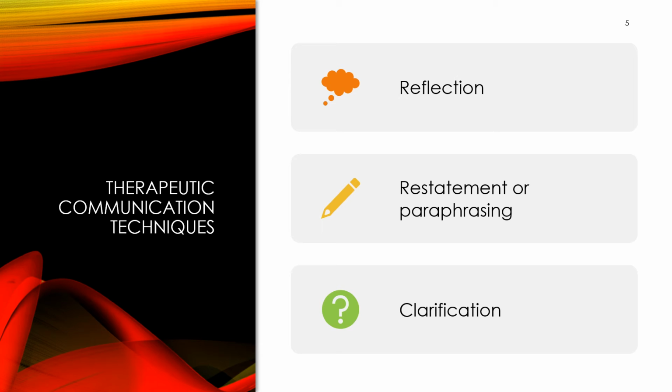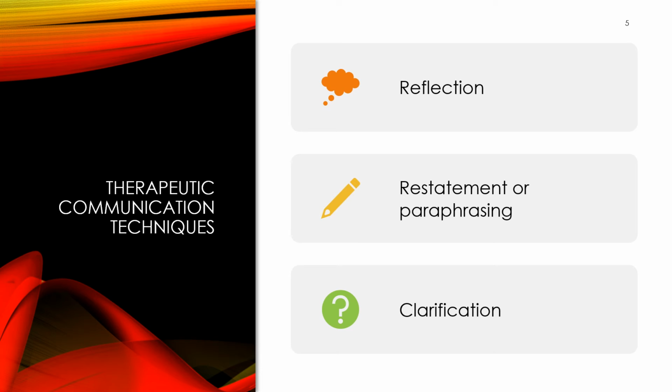In other words, we're trying to clarify how they're actually feeling about a situation. For example, it sounds like you are feeling scared about your upcoming surgery. This then allows the person to clarify, yes, I am feeling scared, no, I'm not, and takes the conversation further.